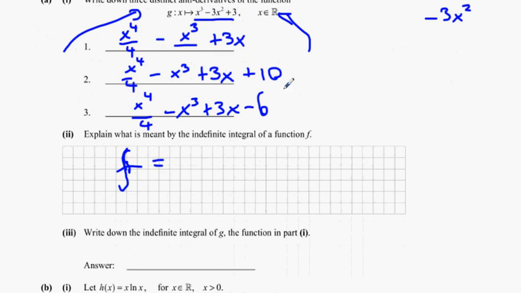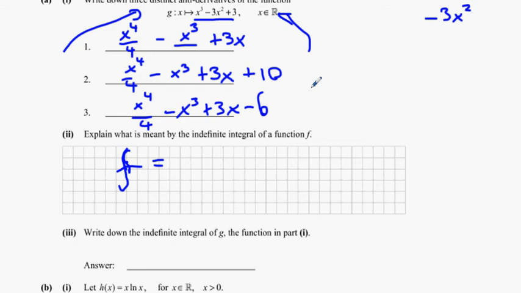What happens when you integrate that? It's the integral of that function plus a constant. Would you agree with that? The indefinite integral of that function is the integral of that function plus a constant.